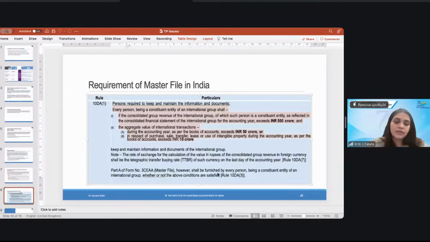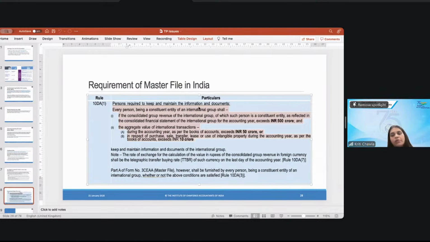So Part A of Form 3CEAA, which is the master file, is mandatory. And what happens to Part B? Part B applies when the consolidated financial statements show 500 crores.